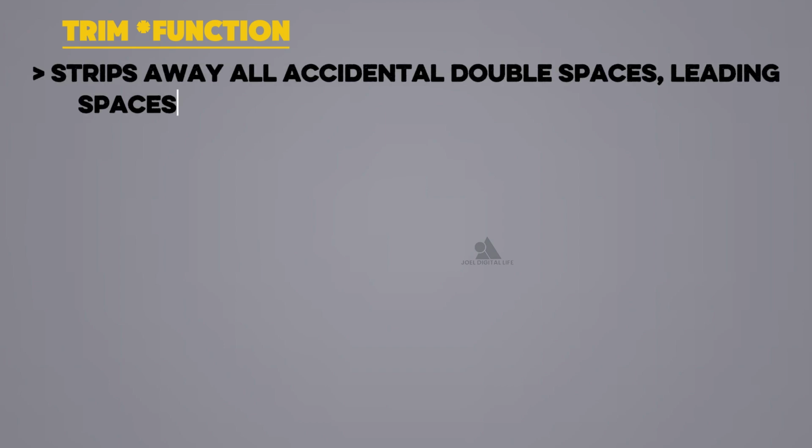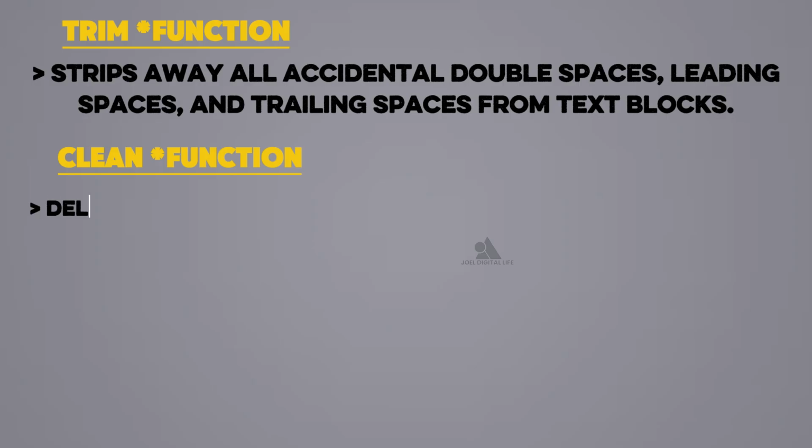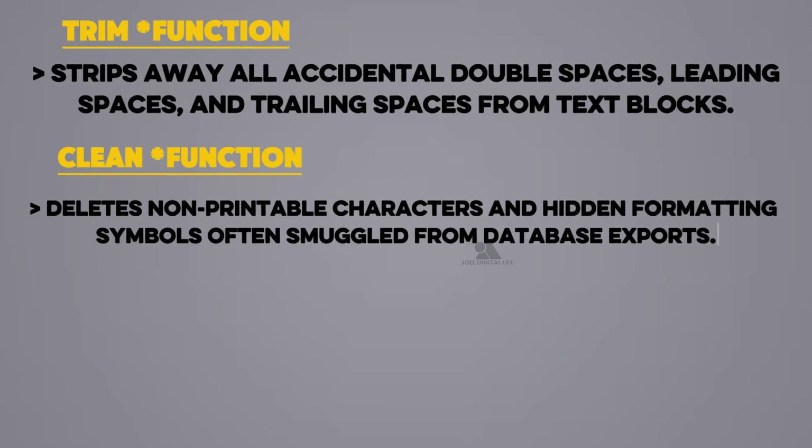Now you may ask yourself, what is a trim function within Excel, what does it do? A trim function strips away all accidental double spaces, leading spaces, and trailing spaces from text blocks. The clean function deletes non-printable characters and hidden formatting symbols, often smuggled in from imported datasets or databases.